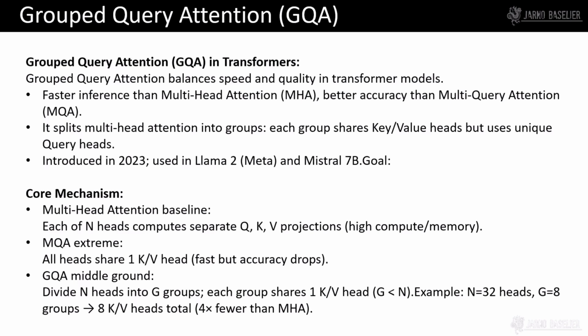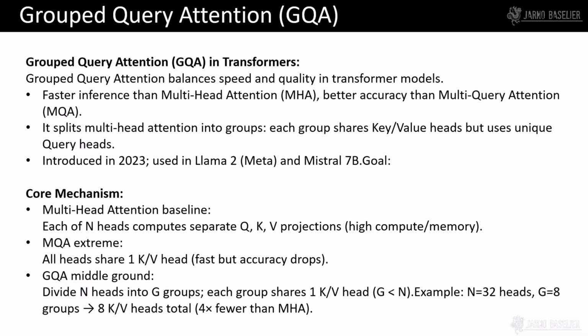The core mechanism here is that in the multi-head attention baseline, each of the heads computes separate Q, K, and V projections, which is high in compute and memory. MQA is the extreme, where all heads share 1 KV head. This is very fast, but accuracy drops. And GQA, the grouped query attention, is the middle ground.